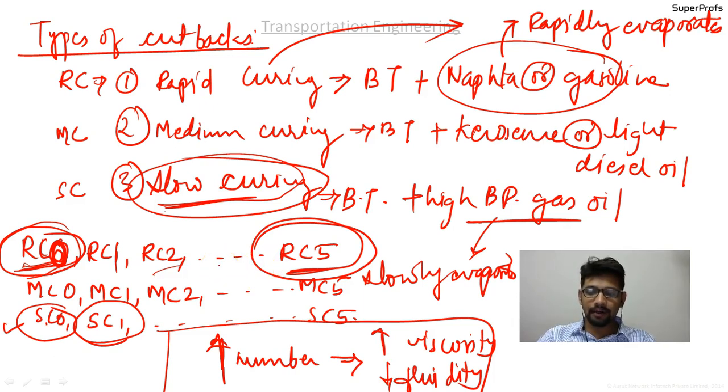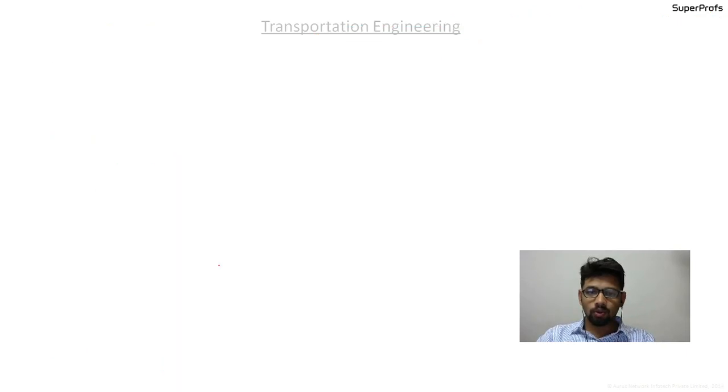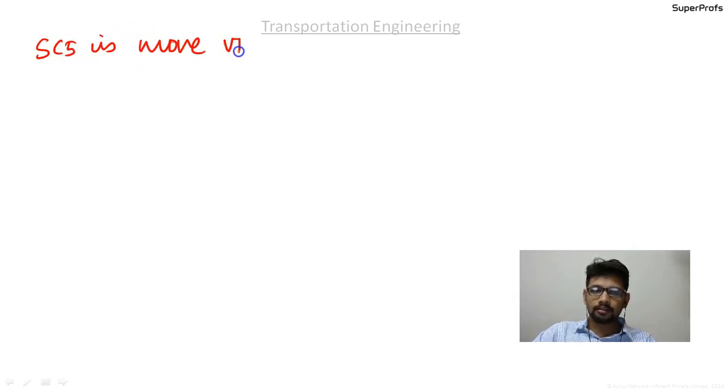Okay, it is independent. So let us write down the same thing: SC5 is more viscous than RC0.